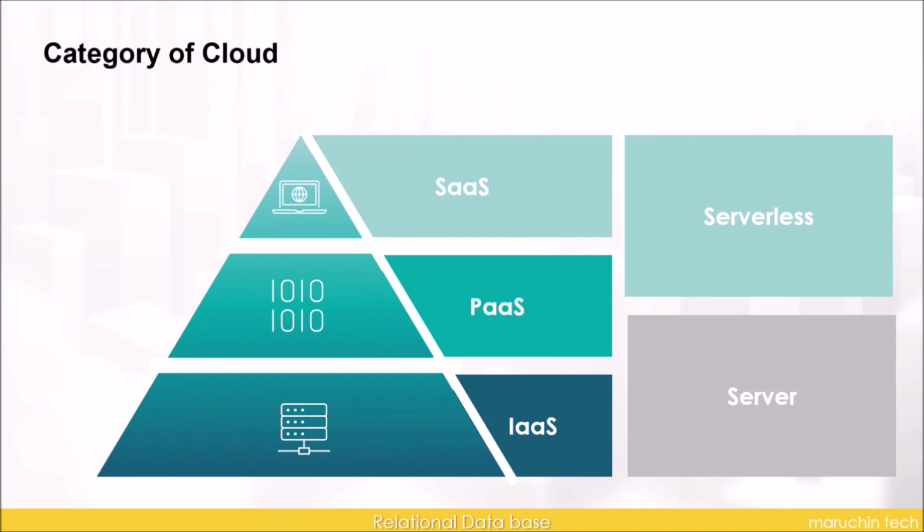SaaS requires the least amount of management by the user, but doesn't allow for detailed customization. For example, server scaling and networking depend on the cloud provider. Azure's database services are also provided across these tiers.